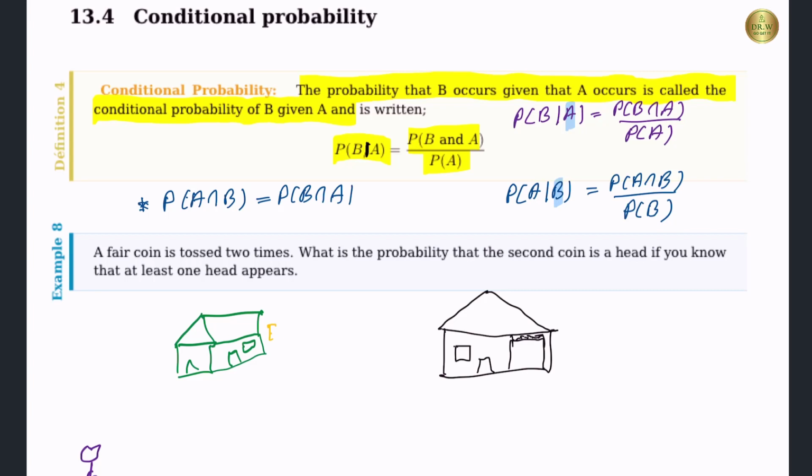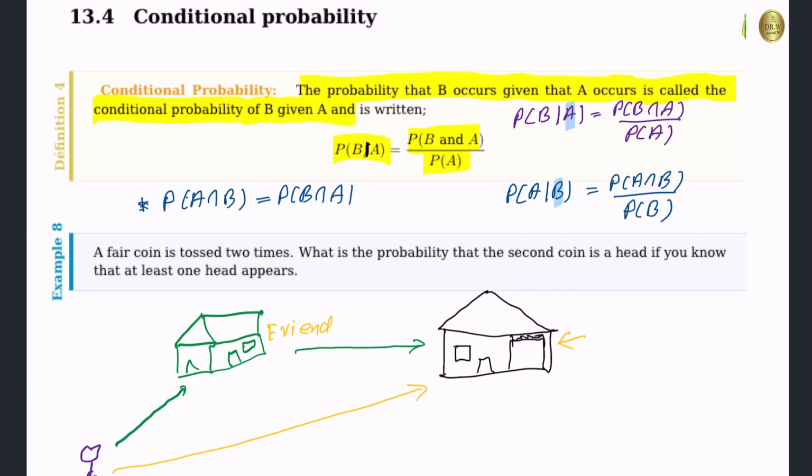Suppose your friend lives in this house, the green house, and your friend's friend lives in this black house. Usually, you don't go to this house directly, but when you go to your friend's house, you go with your friend to this house.